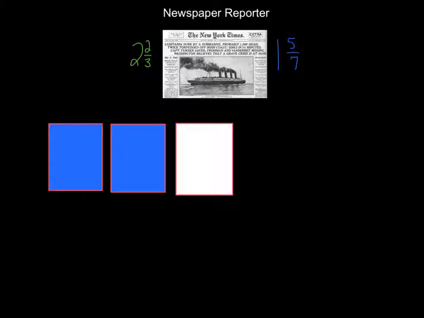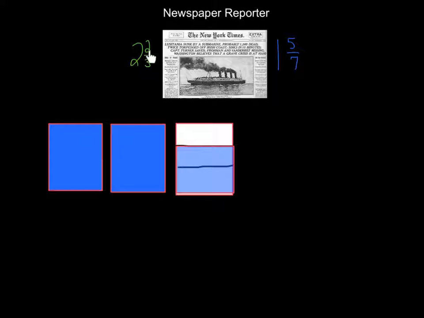Now, in order to make 2/3, I got to make this into 3 parts, which means I'll draw 2 lines for this fraction. And then I get to color in 2 of those 3 parts. So I'm going to do that right here and color those in. And now I have 1, 2 out of 3.